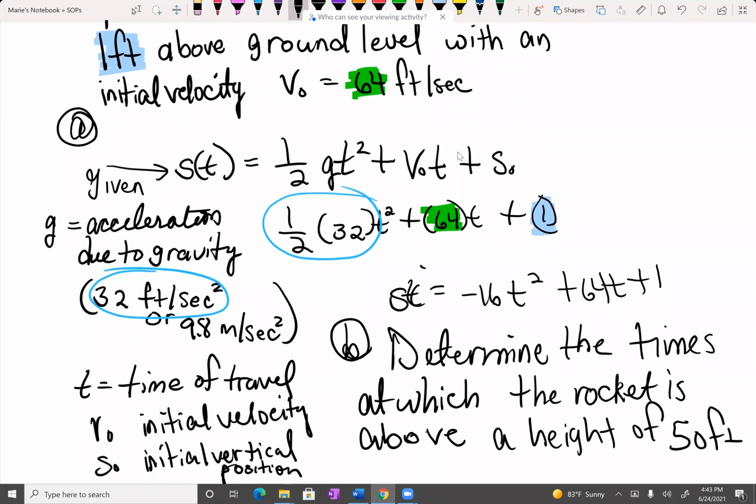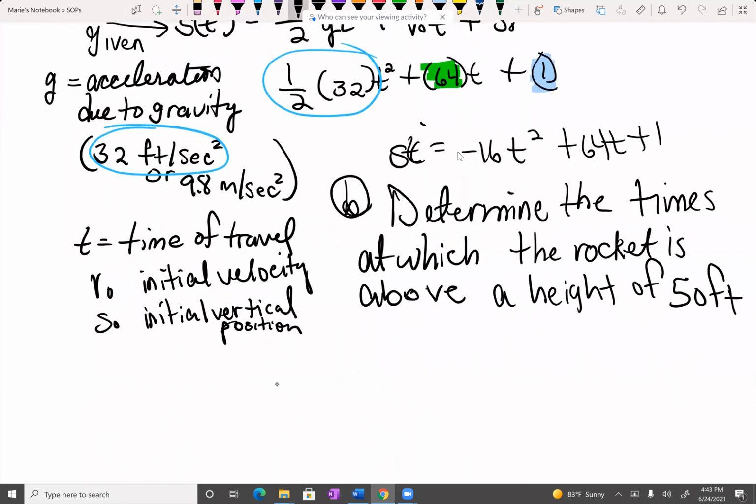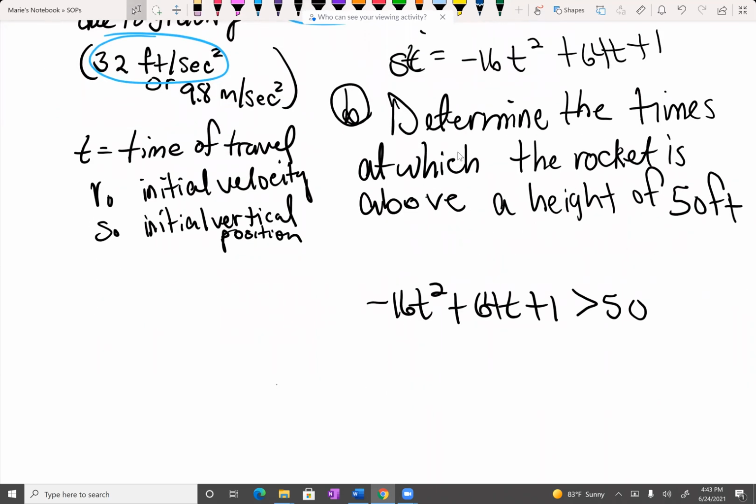So since they want above 50 feet, we want to take our equation, negative 16t squared plus 64t plus 1, and make it greater than 50. And then at this point, it's basically algebra.